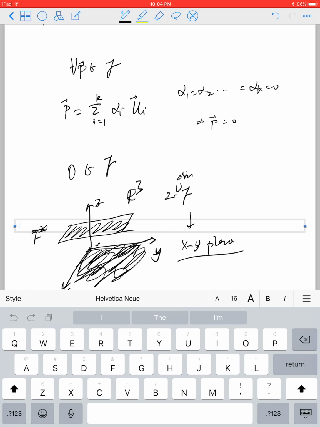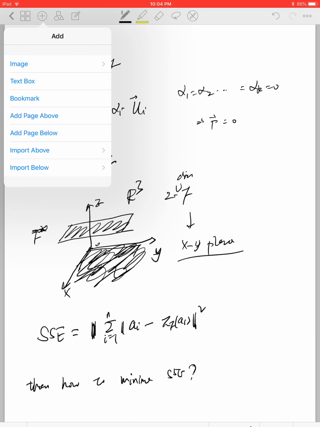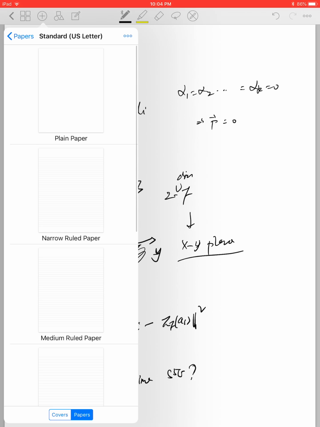To parameterize the subspace, you not only need k orthogonal bases, you also need a center point C. Then for an arbitrary point x that belongs to the original d-dimensional space, the projected vector of x onto F is represented as the center vector plus the summation of the projected vectors.